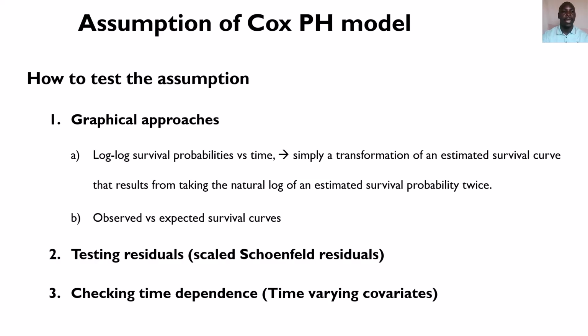Then secondly, we can use the testing residuals approach. It is also called the global test using the scaled Schoenfeld residuals. And lastly, we can check for time dependence by extending our Cox model to include time-varying covariates to see whether they are significant or not.